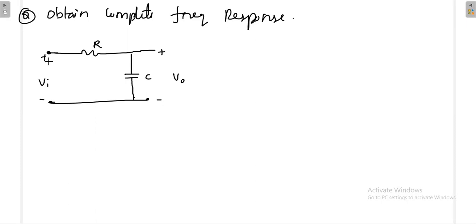Please note down, this Vi is not a constant voltage, it is an AC signal with some frequency. Again, that frequency is variable. So the assumption here is that Vi is an AC signal with variable frequency.